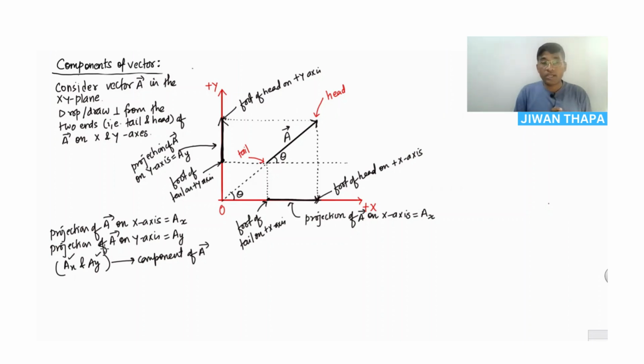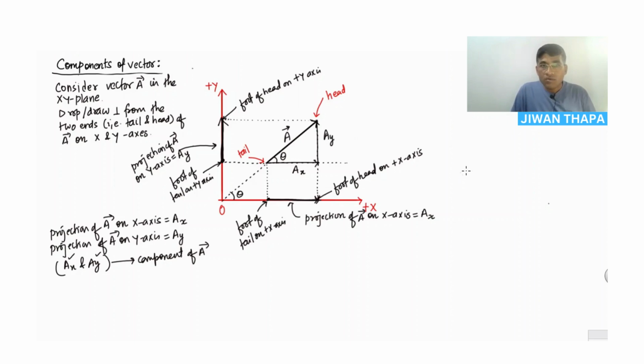We can see in this figure, this is AX and this is AY.